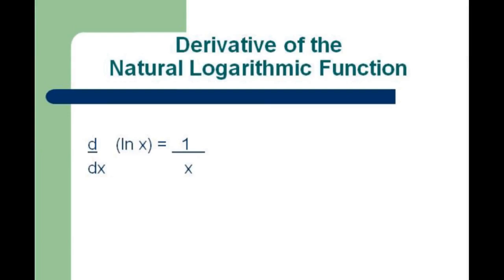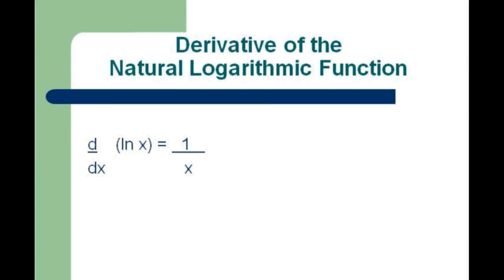So, just like yesterday, the likelihood that we simply derive the natural log of x is slim to none. More than likely, what we will derive is the derivative of the natural log of a function.